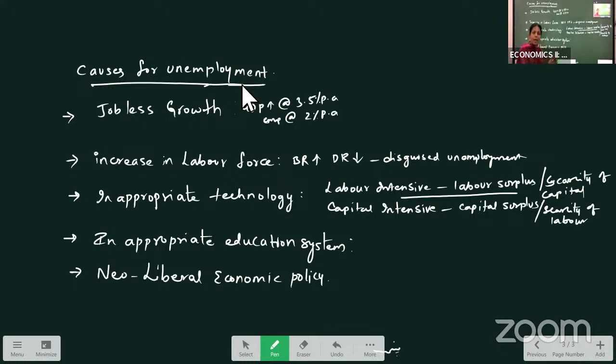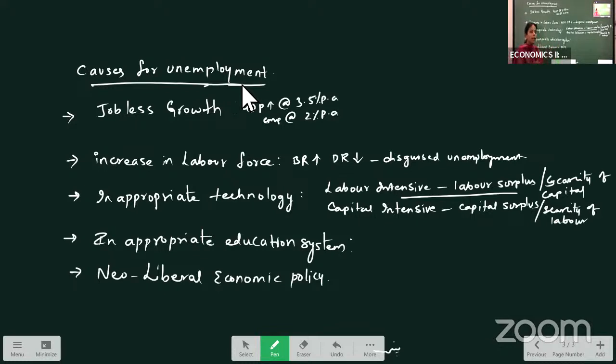So the people who are educated could not find jobs because most of the developed economies thought that the Indian education system could not produce the skilled manpower required for top management positions. So later on, the government has brought many changes in our education system, but still unemployment arises in our country because of the backward education policy which was there earlier.